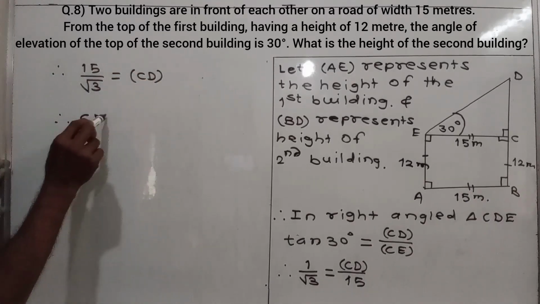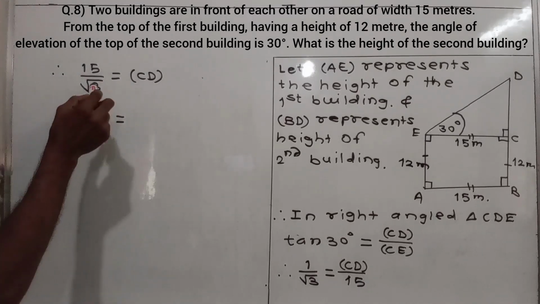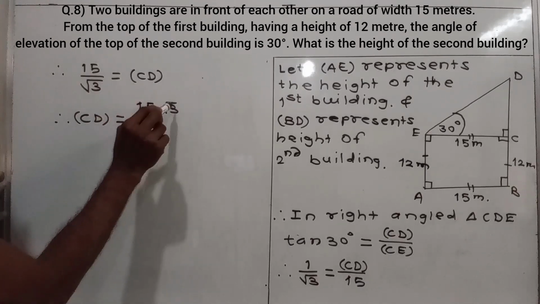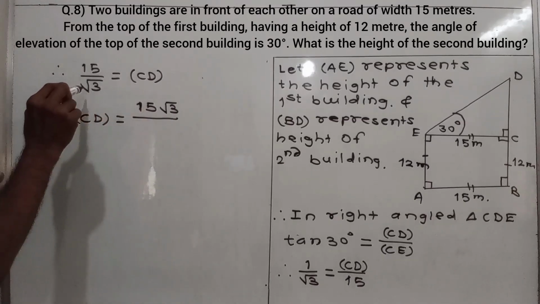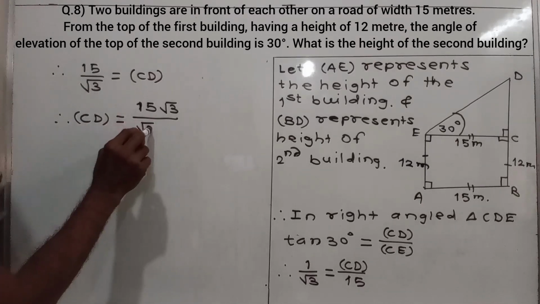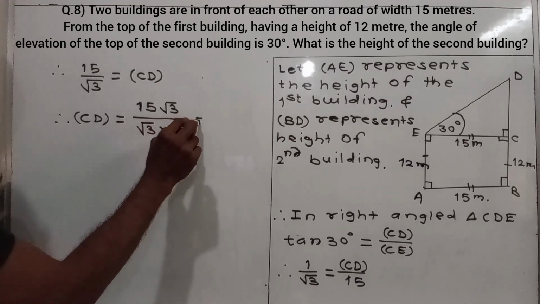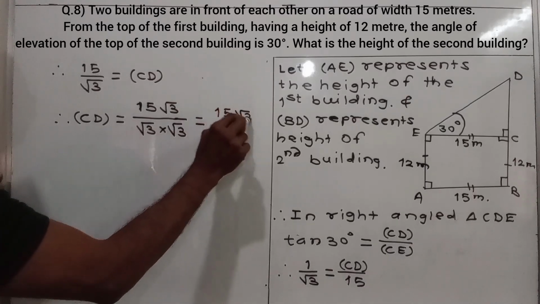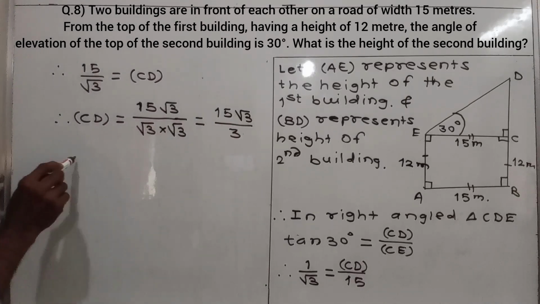Therefore CD is equal to, here rationalization of the denominator, 15 into square root of 3, means we take the rationalizing factor of the denominator, square root of 3 into square root of 3, is equal to 15 square root of 3 upon square root of 3 into square root of 3, means 3.